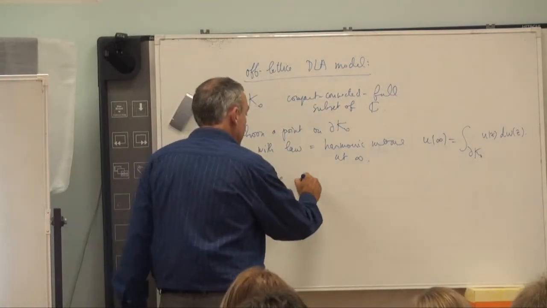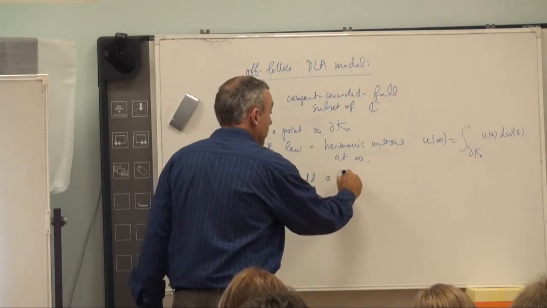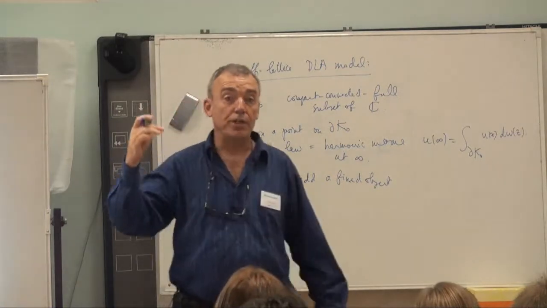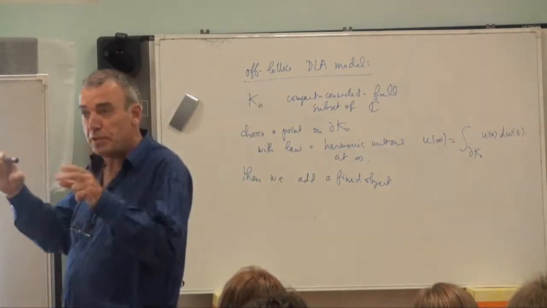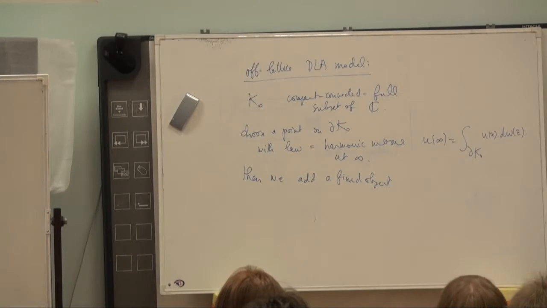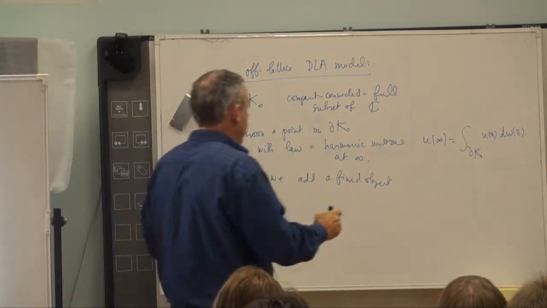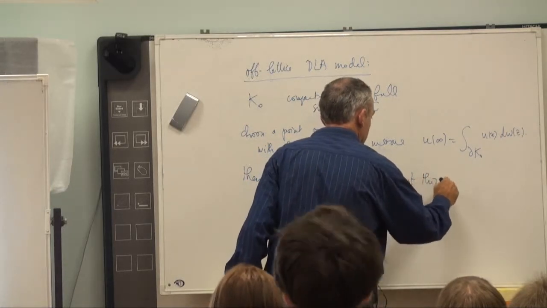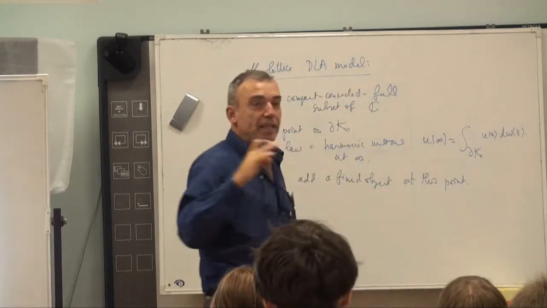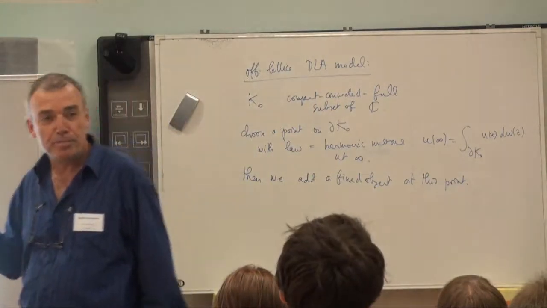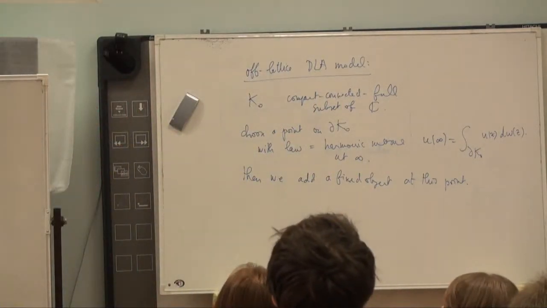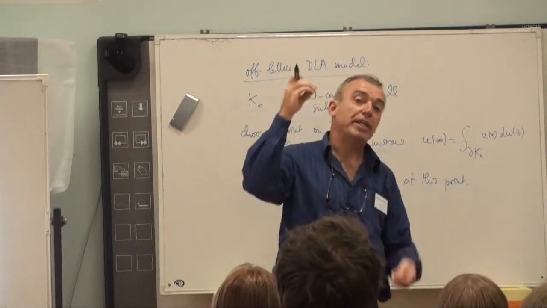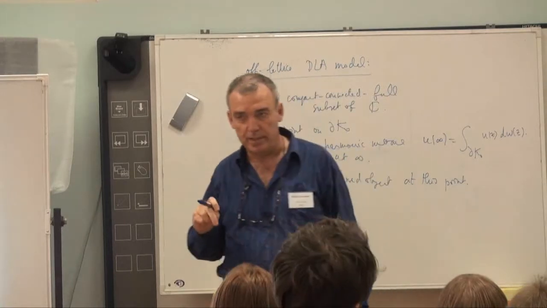Then we add a fixed object, say, for instance, a disk of radius 1. It must be the same object at each step. That's where the thing is not rigorous, because maybe it's not possible: if you choose a point which is in some kind of fjord, maybe you cannot add a disk of radius 1 at this point.